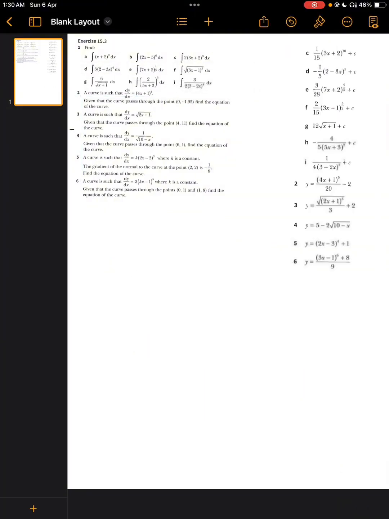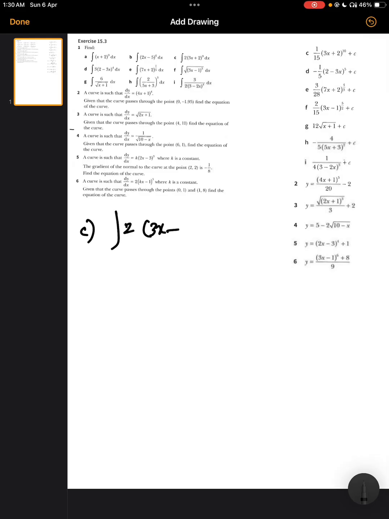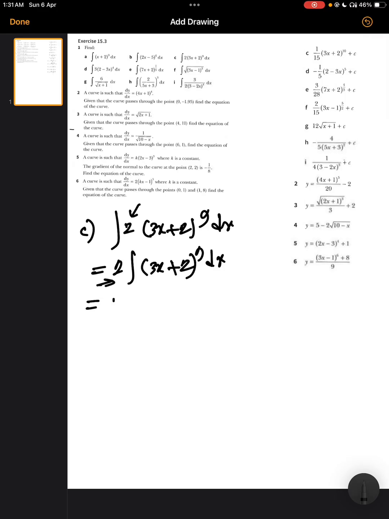Now question number c. The integration of 2 times (3x plus 2) to the power 9 dx. Guys, here this 2 is a constant, so I can pull this 2 out, leaving (3x plus 2) to the power 9 dx. Now, with this constant 2 in front, here a is 3 and our n is 9. So 1 over 3 times (9 plus 1), times (3x plus 2) to the power 9 plus 1, plus c.